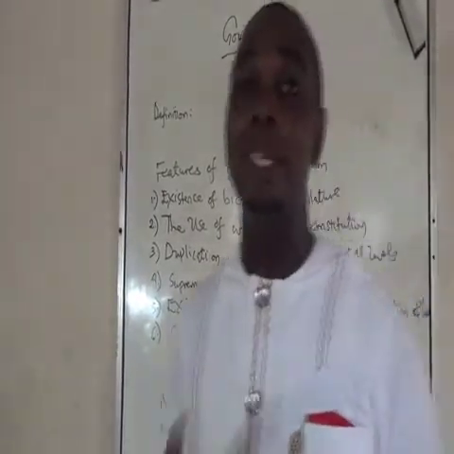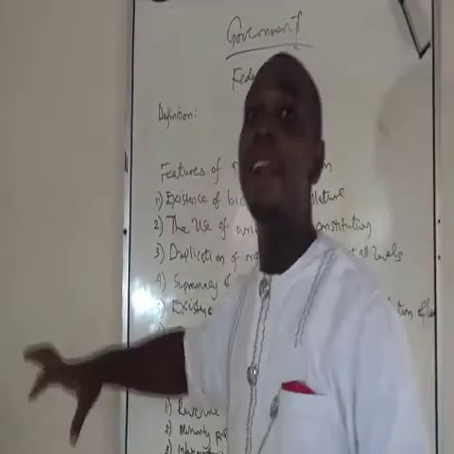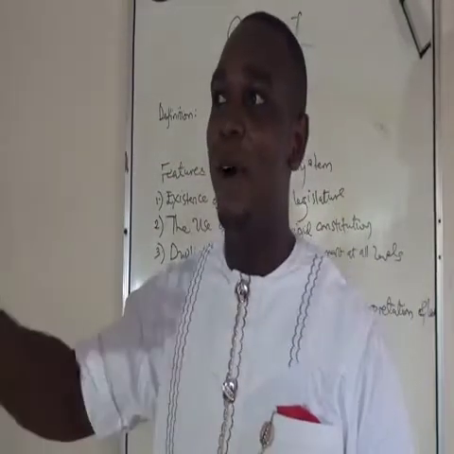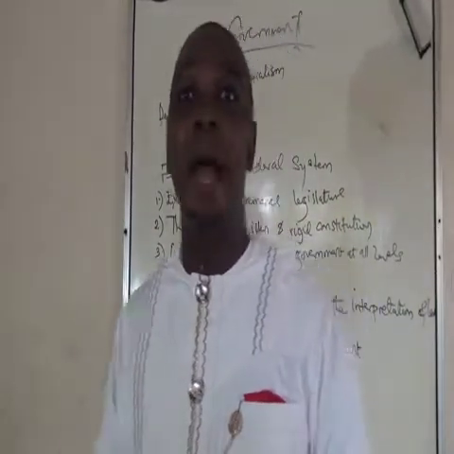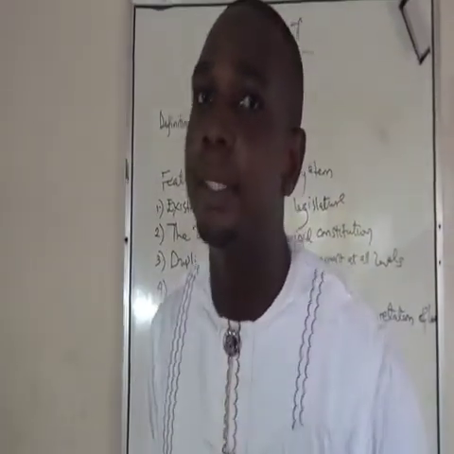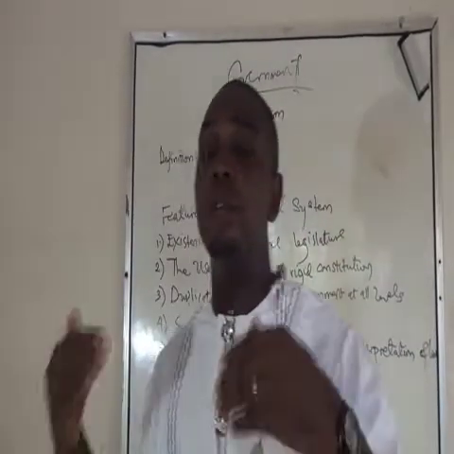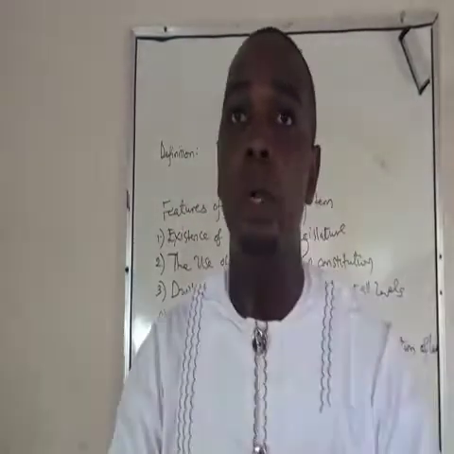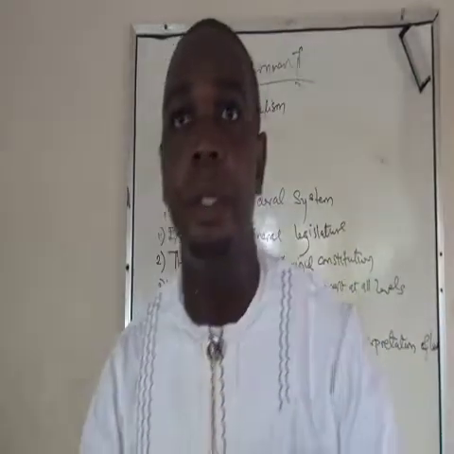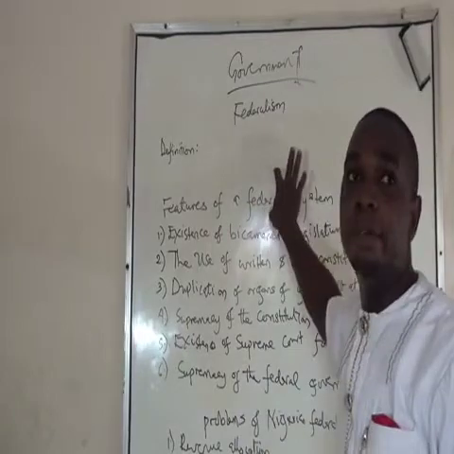The clause remains that despite the fact that there are numerous features of an ideal federal system, Nigeria does not practice an ideal federal system. Why so? Because they don't really follow the dictates, the provisions, the features, the characteristics of an ideal federal system.